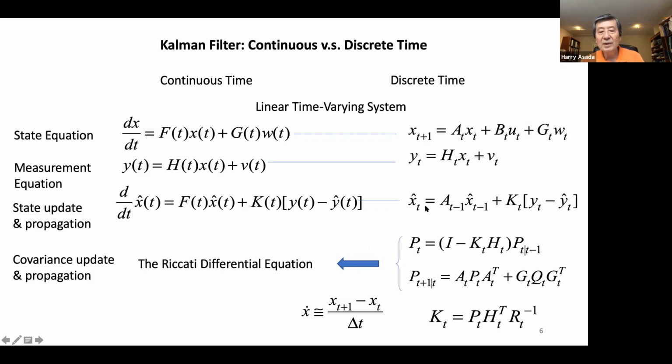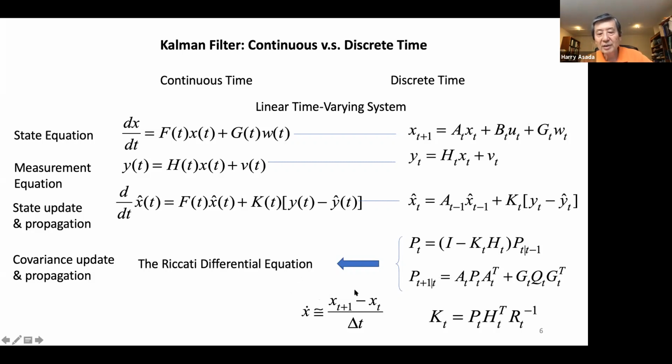Now, the extension from here to here, or the reduction of this continuous time to discrete time, we can do with a more rigorous treatment based on stochastic differential equations, but that's a little bit lengthy, and that's not our main interest.